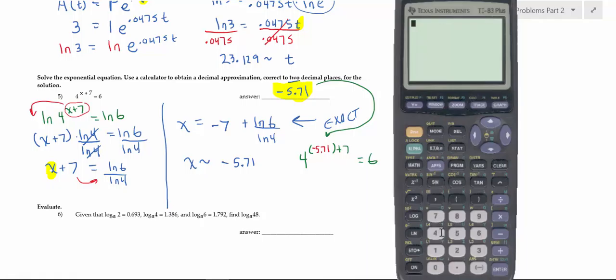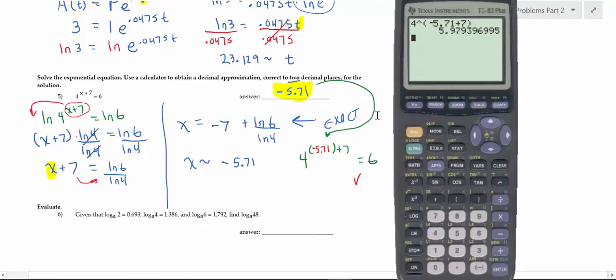All you do is go 4 raised to the, parentheses, negative 5.71, plus 7. Work it out and see how close to 6 you are. Notice we're very close to 6, so it looks like that's the right answer. You want to take advantage of that. If you have time on any exponential equation, you can check it.